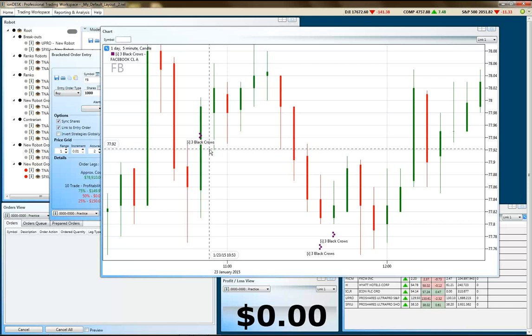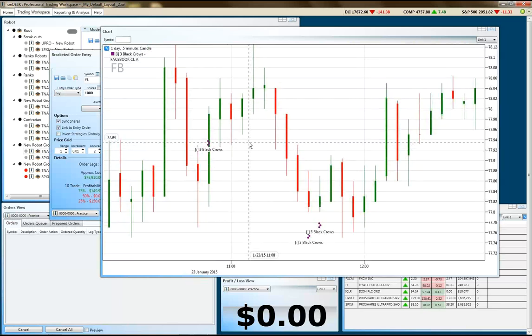Some people may say, as soon as I see it, I want to act. Other people may say, no, I want to see it complete, and you can't know that until the next candle. So after the third red candle, what if there was another red candle after that? Then you're going on down.